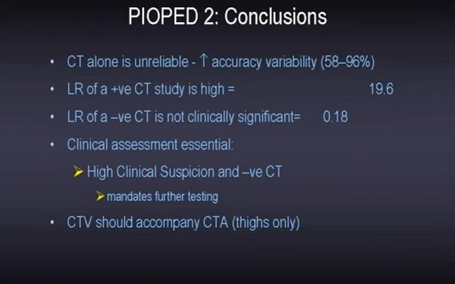They suggest that the likelihood ratio of a positive study is high, but that of a negative study is insignificant, particularly because of this group of patients who have high clinical suspicion but a negative CT that mandate further testing. The authors are also suggesting that CT venography should accompany CT angiography despite the dose implications.